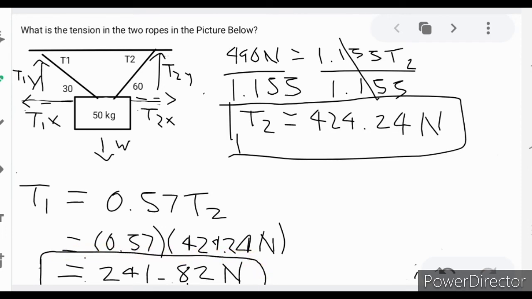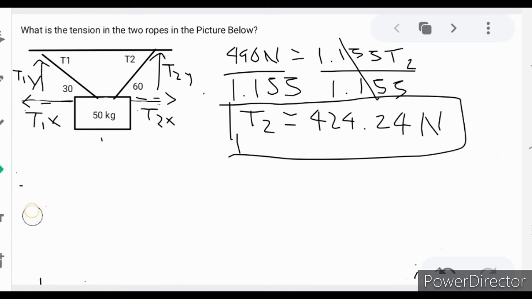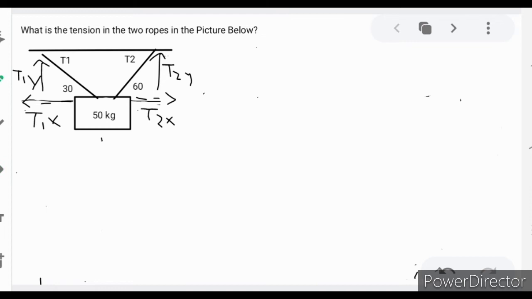After knowing the value of T sub 1 and T sub 2, we're getting the values of other variables involved, which is the value of Tx sub 2, Tx sub 1, Ty sub 2, and Ty sub 1.